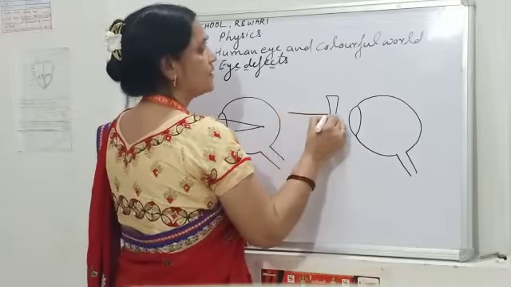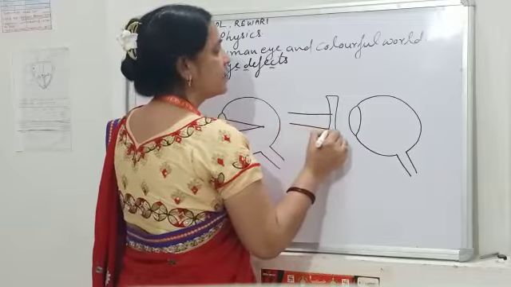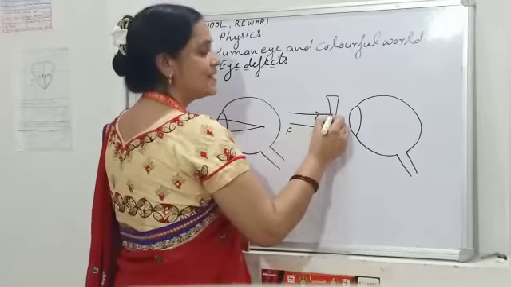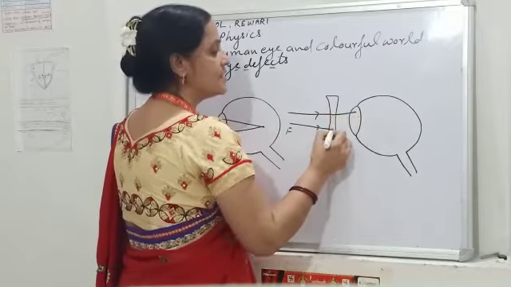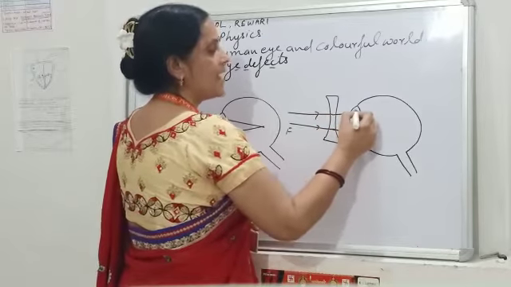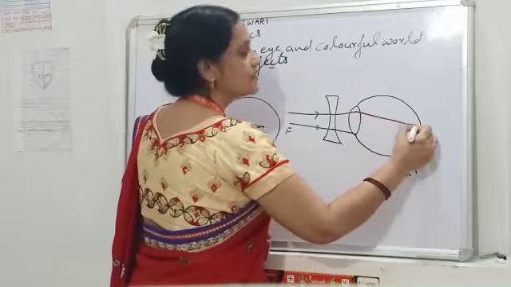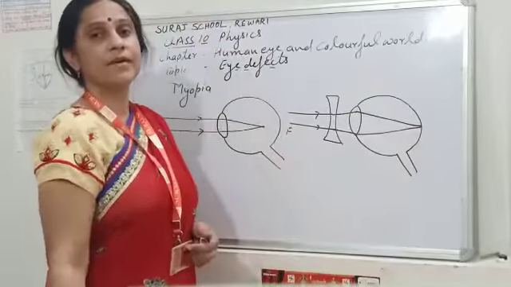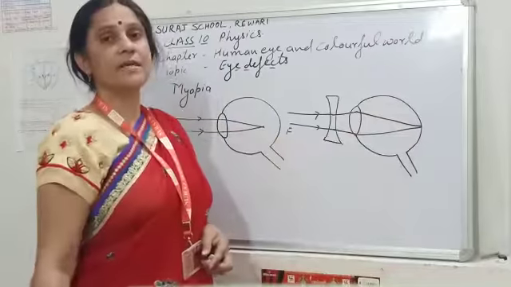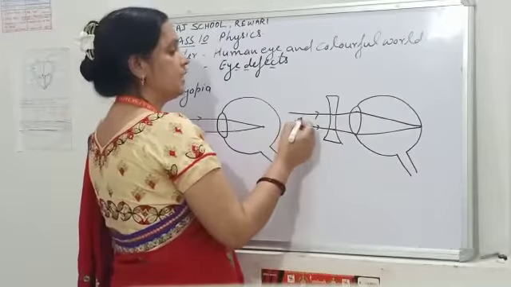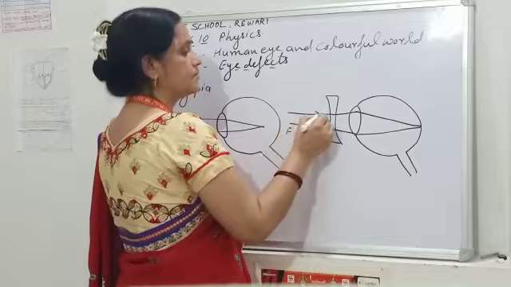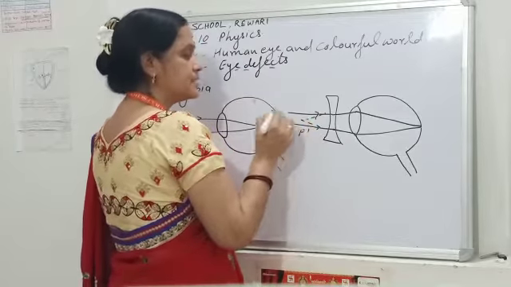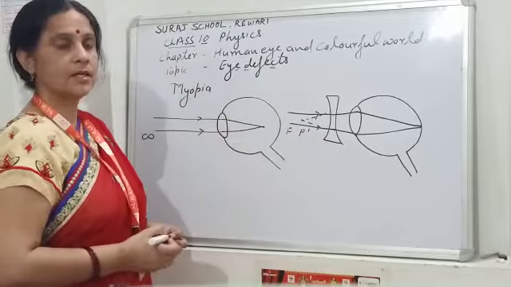So when the rays from infinity, rays from the far point reach the concave lens, it diverges these rays. And after the divergence, these rays converge at the point of the retina, where the image is formed and the person could see the object clearly. It is the virtual far point and it is the actual far point.